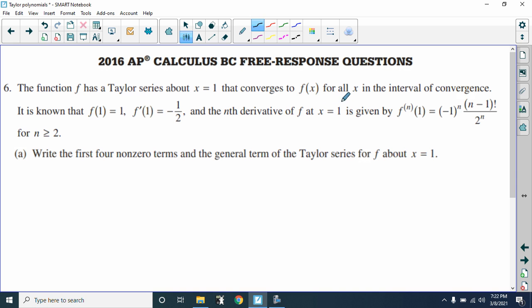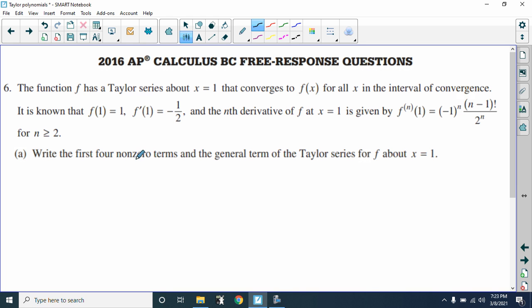It converges to f of x for all x in the interval of convergence. They give us f of 1 and f prime of 1. And then it says the nth derivative is given by this formula. So this is a formula for the derivative of f at x equals 1 for any n values greater than or equal to 2.